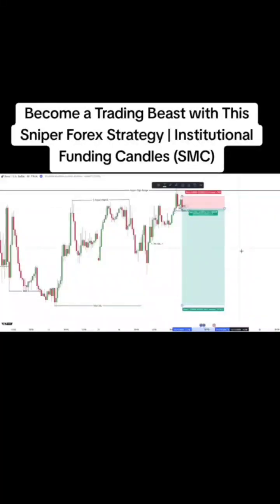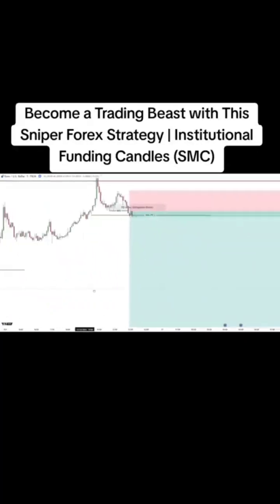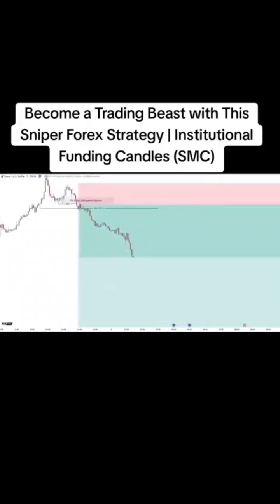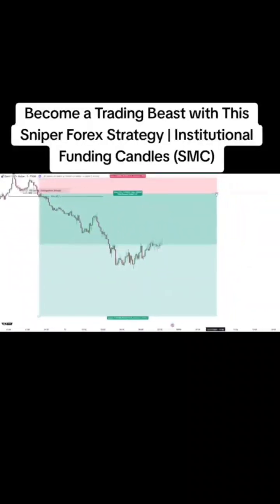Now, let's play out the trade and see what happens next. As you can see, my order has been triggered, and the price is pushing downward with strong momentum.